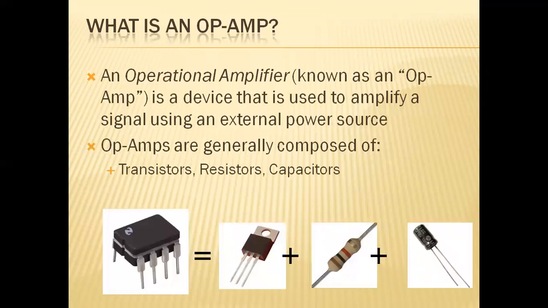Basically, we would like to know what is meant by an operational amplifier, and in short, we will be calling it an op amp. It's an electrical component which is used to amplify a signal using an external power source. They are generally composed of different types: transistors, resistors, and capacitors.